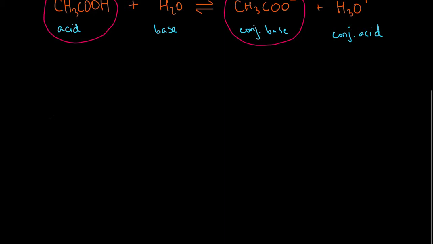So if I have this guy, it dissociates in a reversible reaction into this, right? And when I have a conjugate base, what's going to happen is I'm going to have basically a salt of it.